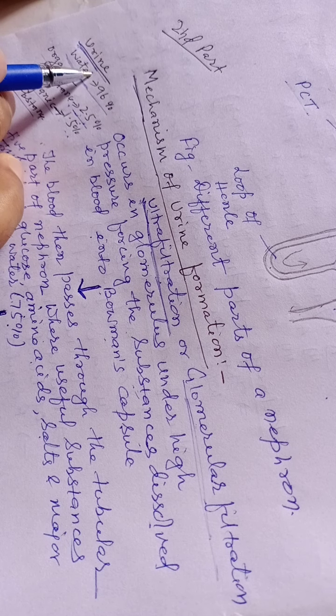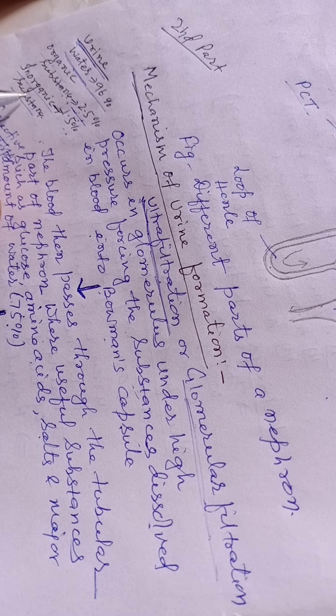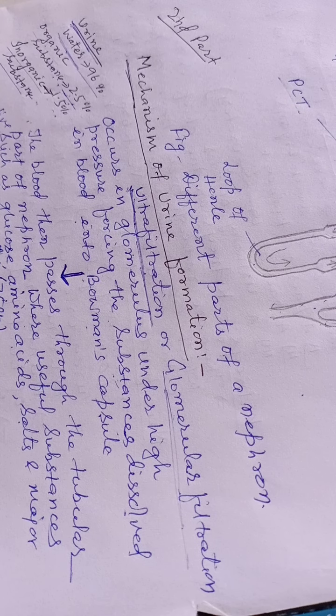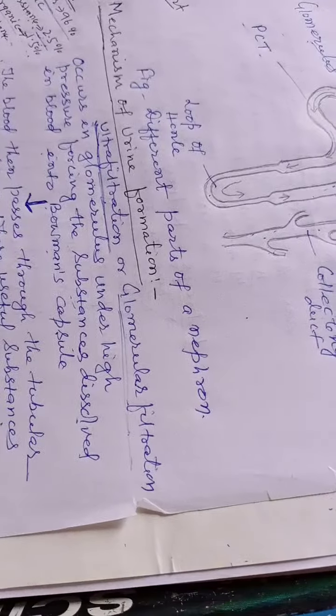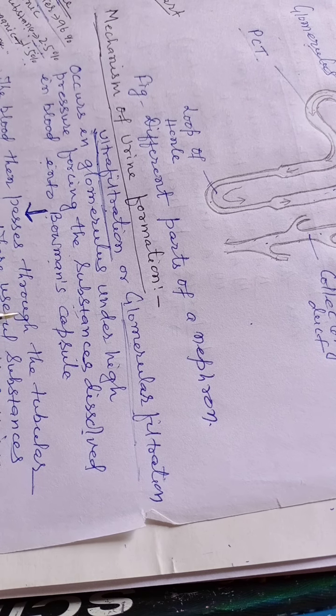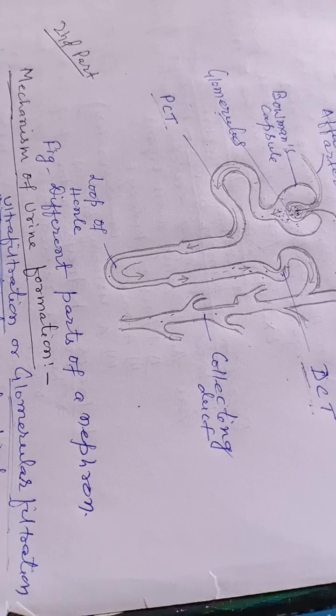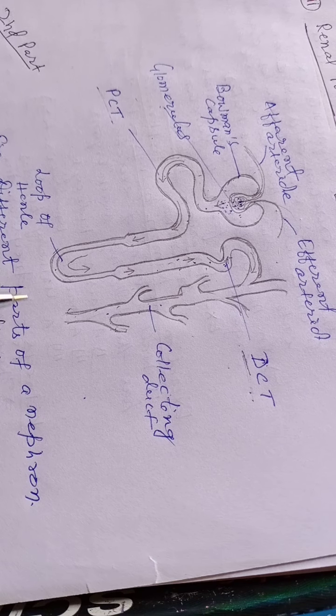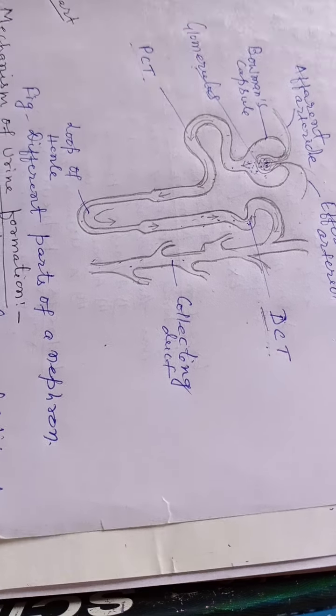Along with water, these organic and inorganic substances, potassium ion, sodium ion, and certain salts are inorganic substances. In this way, the mechanism of kidney is worked out for the purpose of excretion.